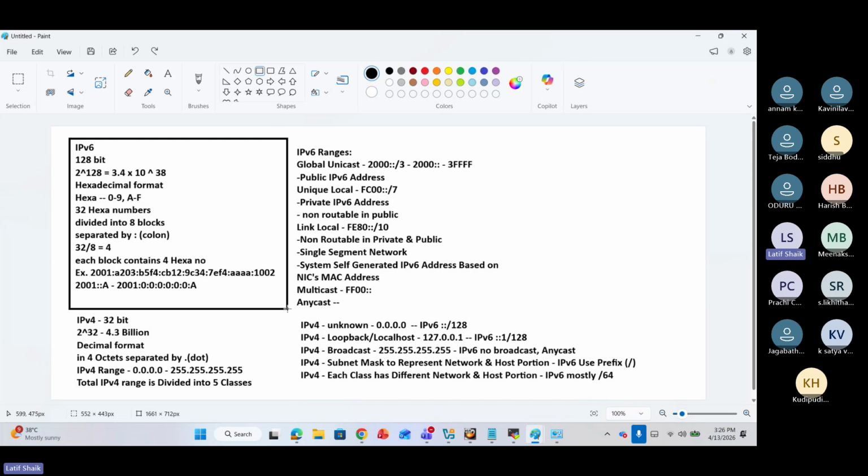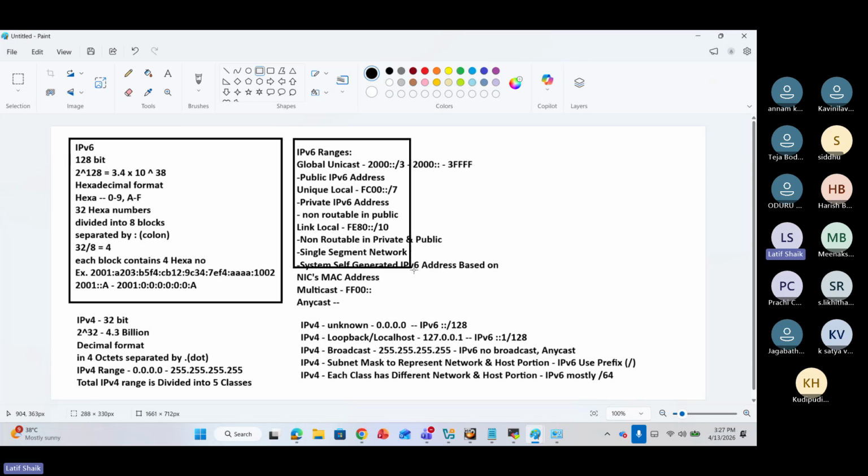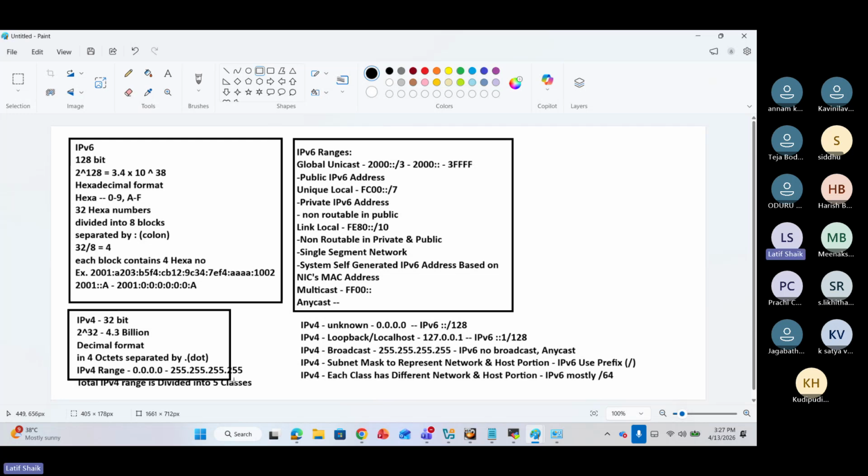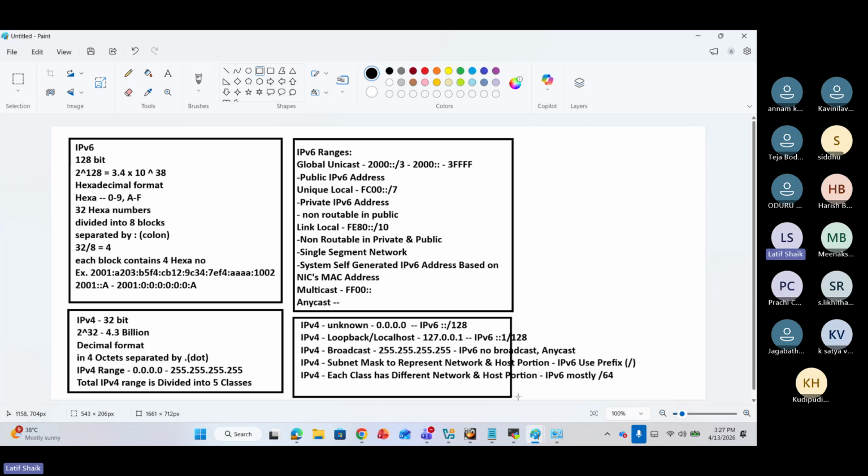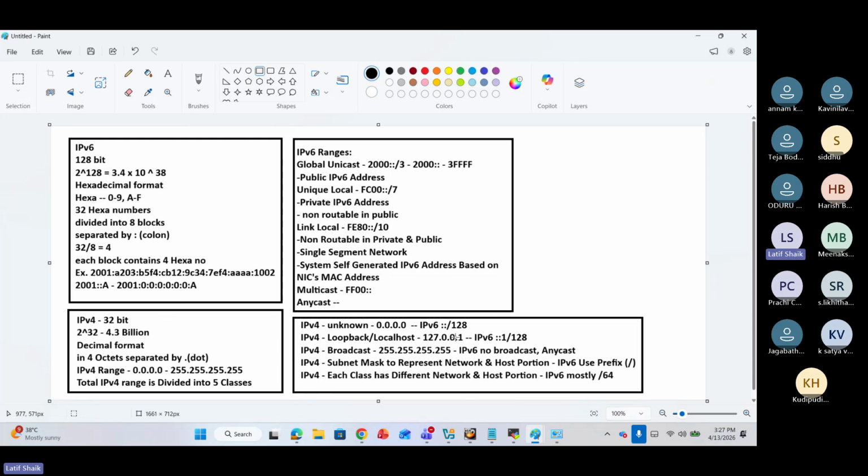This is the basic IPv4 and its range part. And this is the IPv6 range part, completely IPv6. For comparison, I've written some IPv4 information. This is another part: the ranges, the basic IPv4 to IPv6 comparison, and the specific IP address based comparisons.